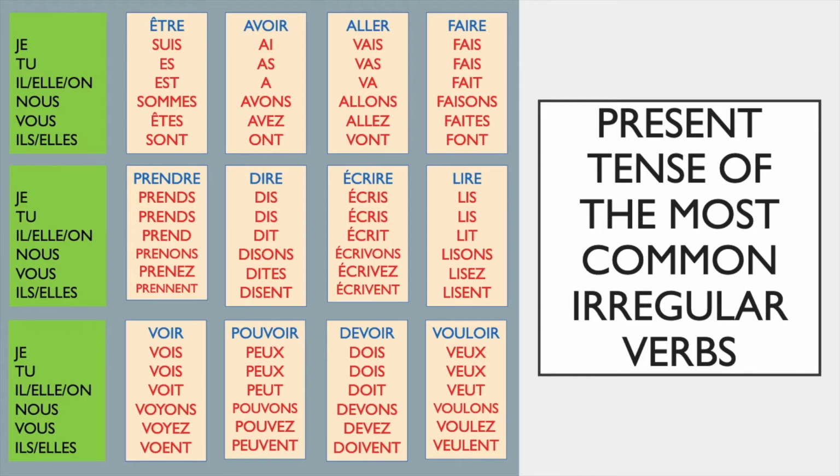Now, irregular verbs also belong to one of those three groups, but the difference is that they are completely irregular. And here you have a list of the most common irregular verbs, which you will find very useful. You can look out for some patterns. For example, if you look at prendre, it is an RE verb.